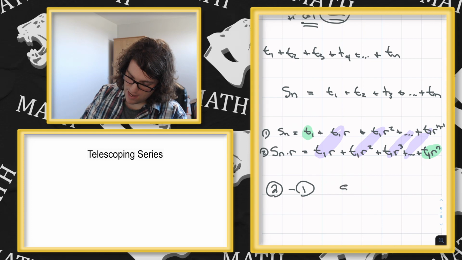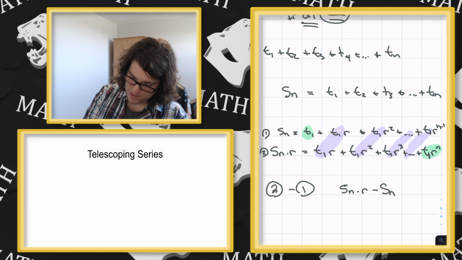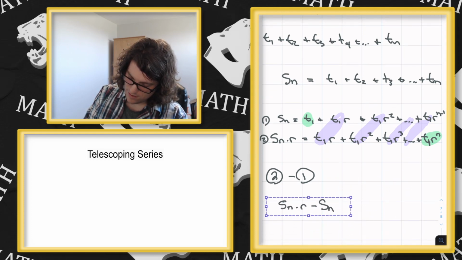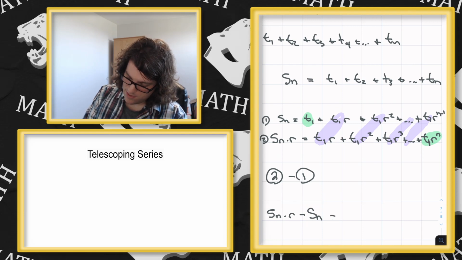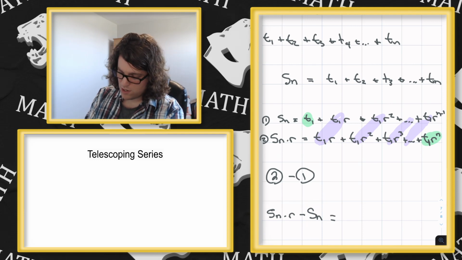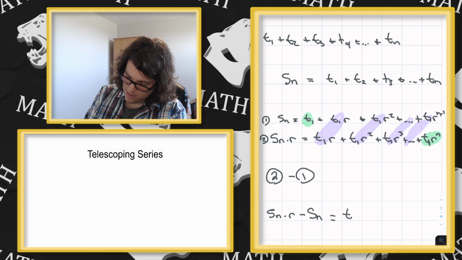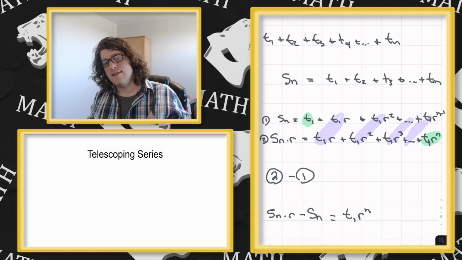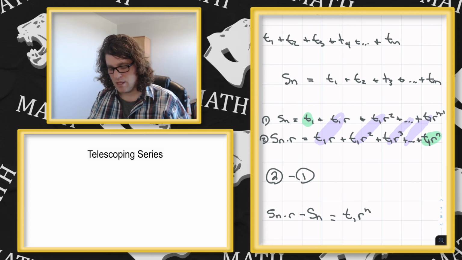So we would have Sn times r minus Sn. Probably should give myself a little more room. And then that's going to be equal to 2 minus 1. So I have a T1 r to the n that is unique and not canceled out by anything.